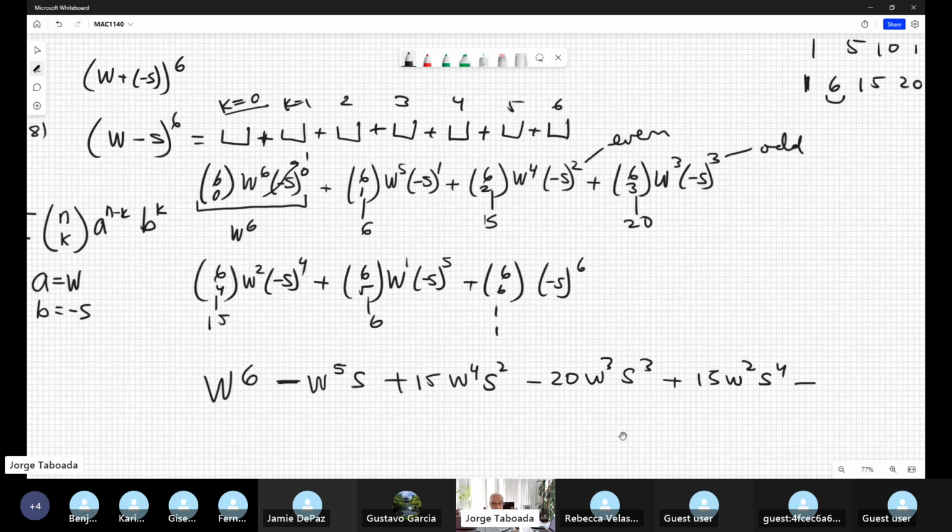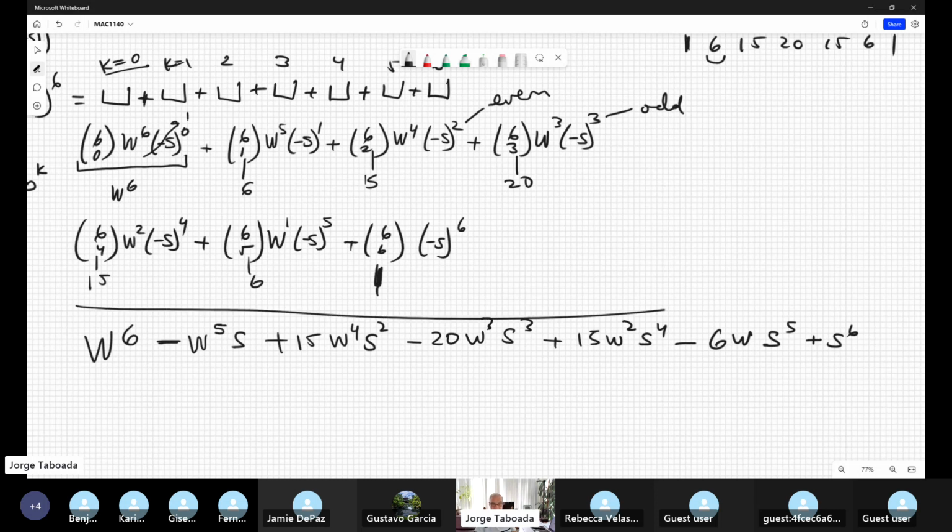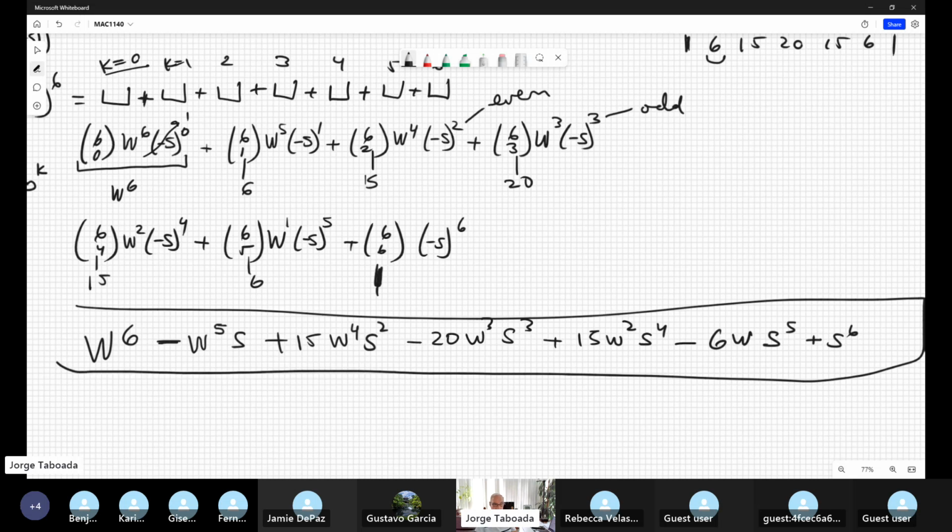Minus 6 W S to the 5th power, plus S to the 6th power. This is 1 and this is positive.